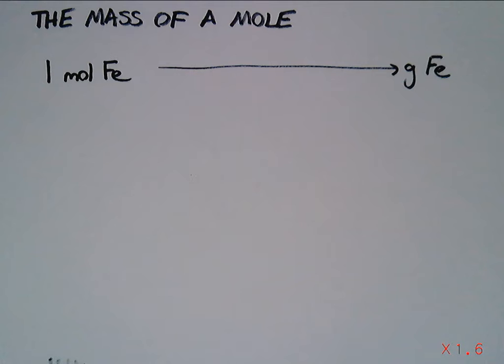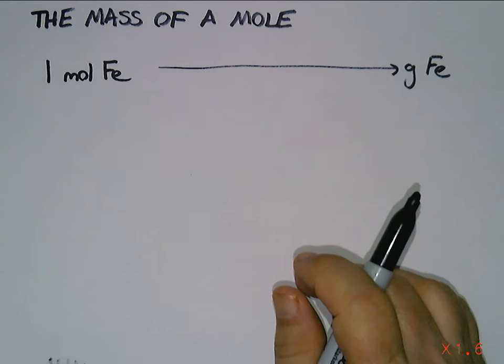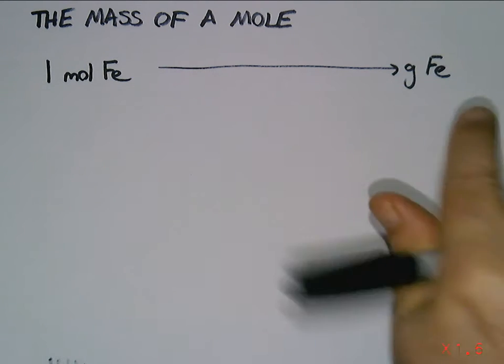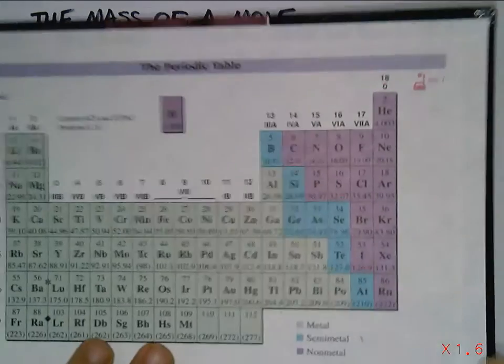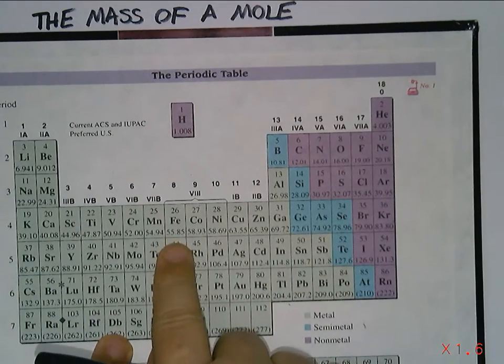Alright, we're going to have to think back on what we know about mass and substances, and one of the things that we said was you could get the mass of a molecule or an atom of something by looking at the periodic table.